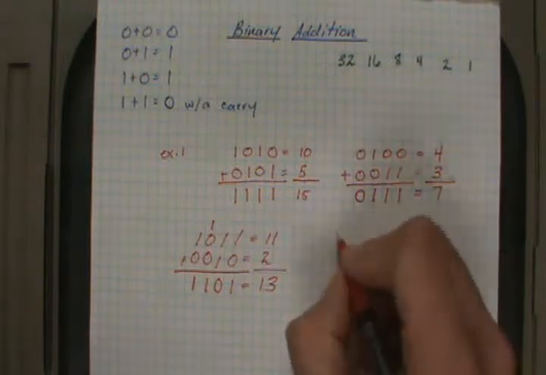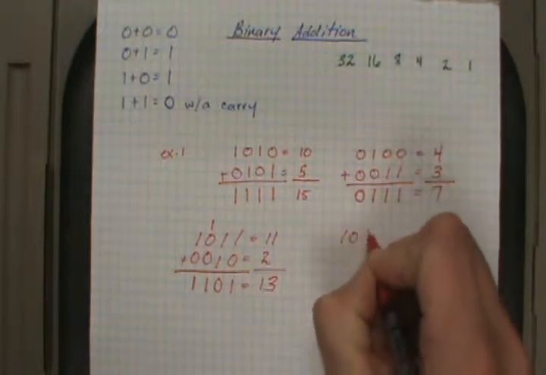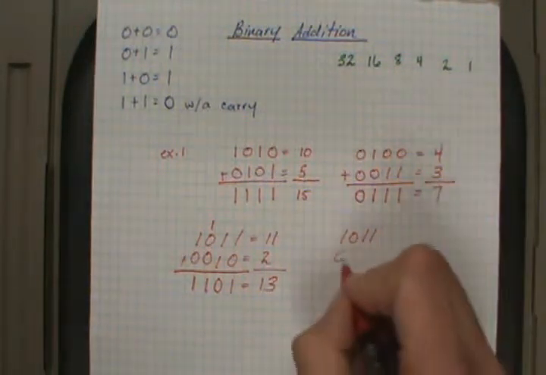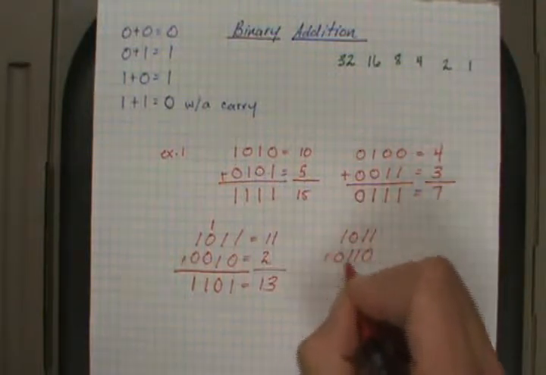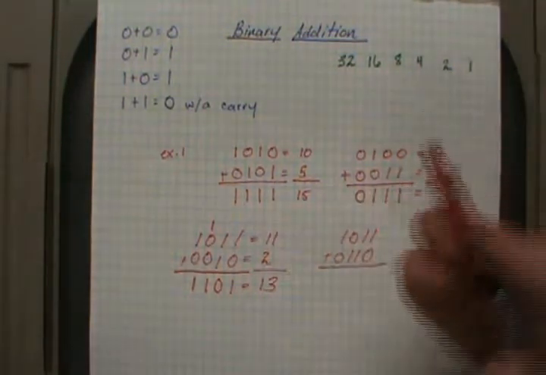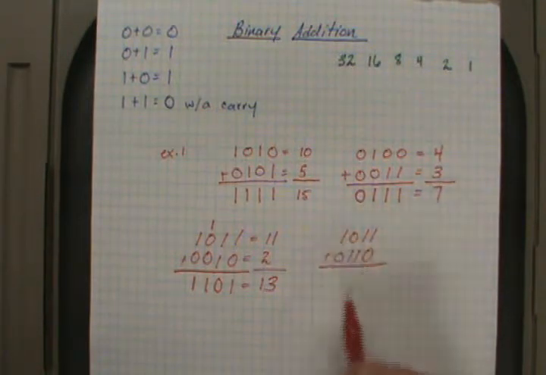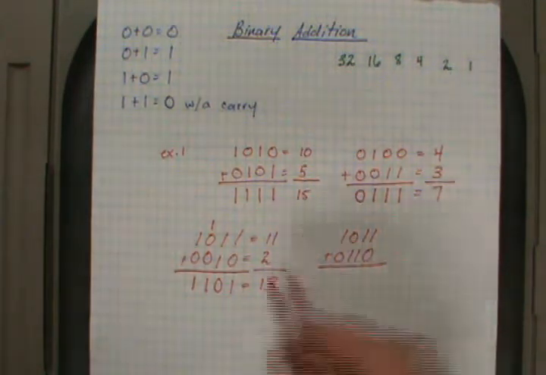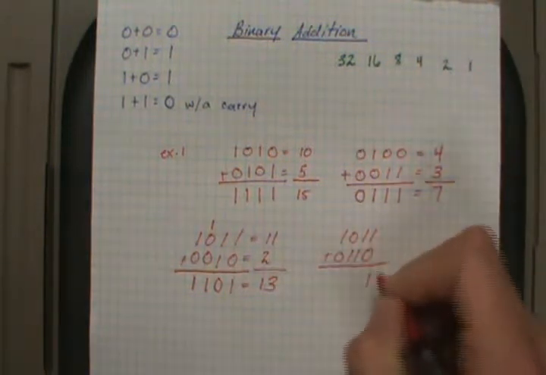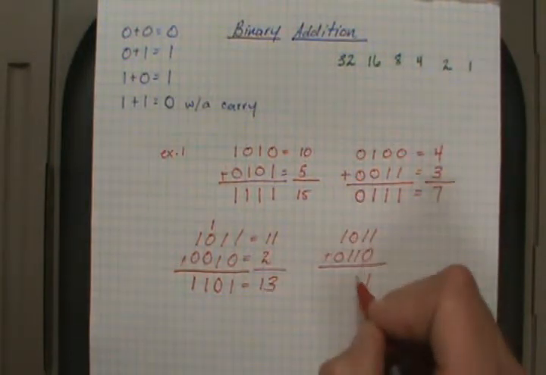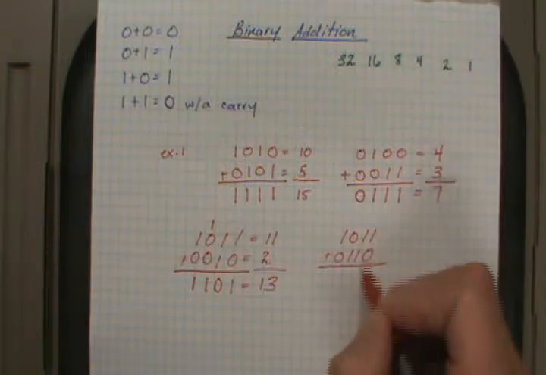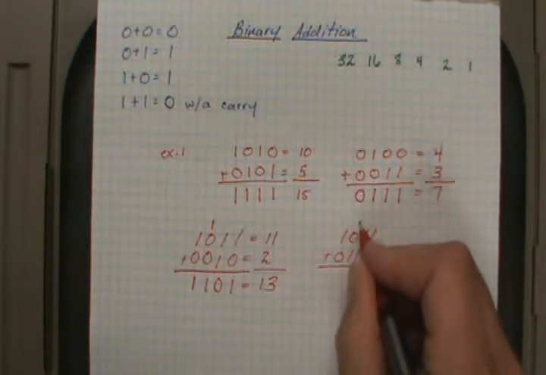Alright, I'm going to do one more. And the idea here is that we're actually going to get into a scenario where it's a domino effect with that carry value, and you'll see it carry out. Alright, 1 plus 0 we know is 1. 1 plus 1, we're going to drop a 0 here and carry 1 over.